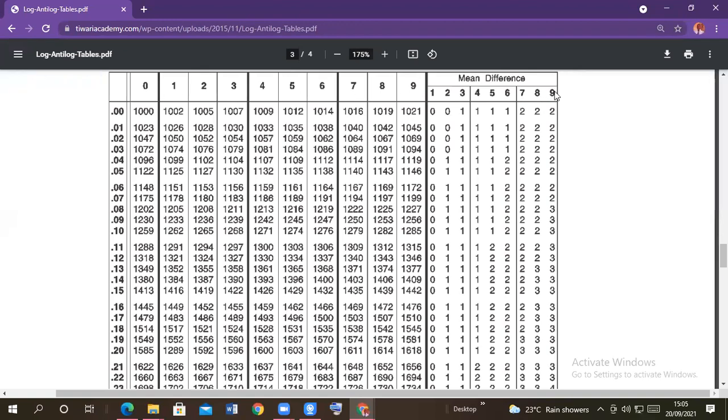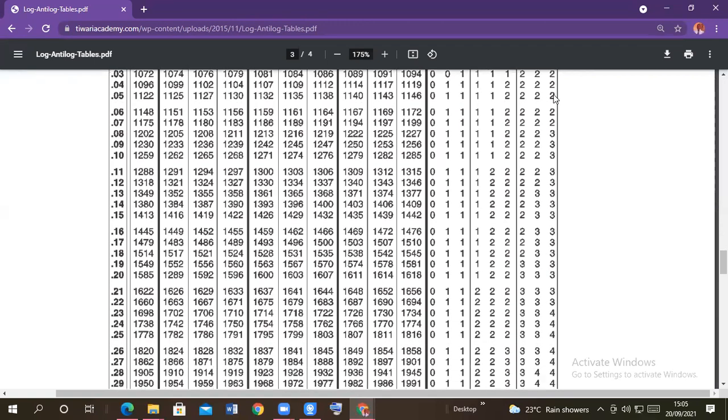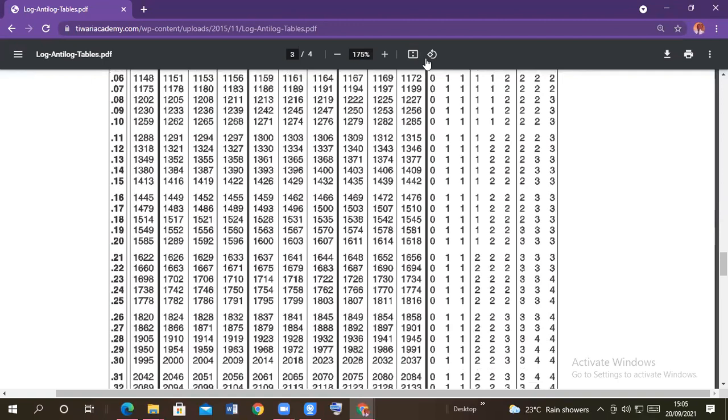Now I want to go this side where there is 9, where we have mean difference, and I look at 9. 9 is here, but I must stop at, let me first get this arrow. So we are here, isn't it? Up to 9, and the number which is there is 3.